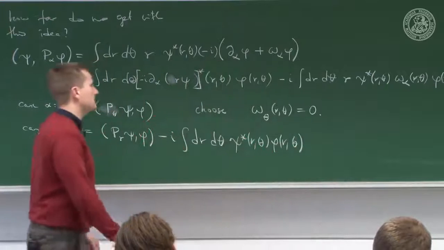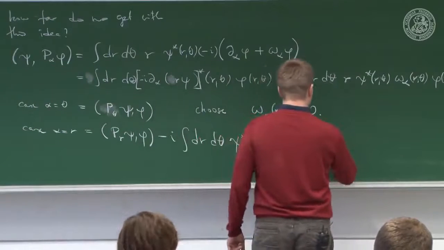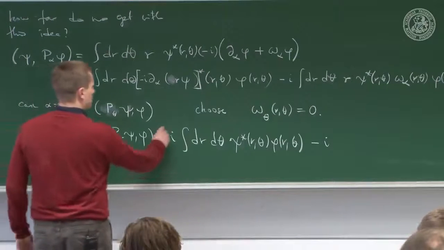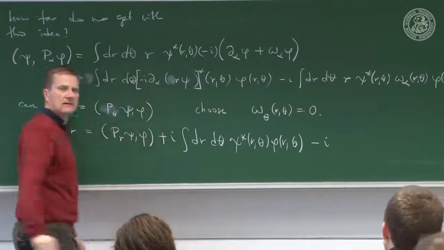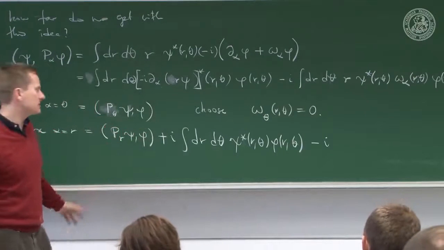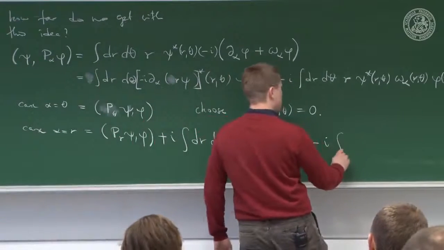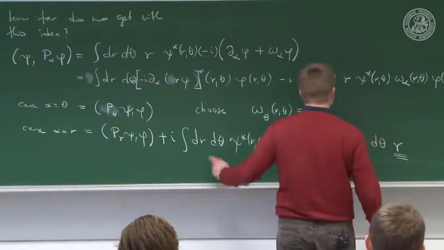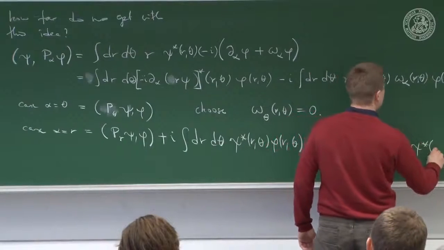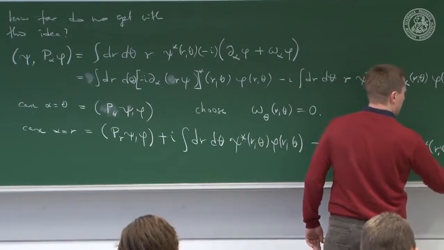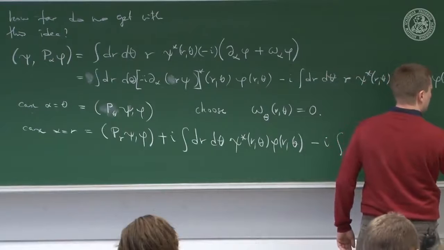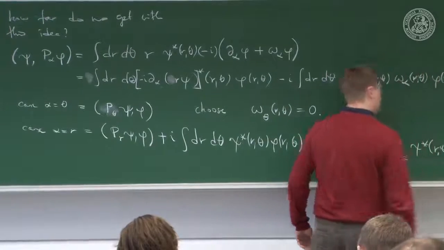We have this minus I, and then we have another minus I. Aha. And that minus I was correct? It was a plus I, because this guy here is starred. I think it must be a plus I. You're positive? Okay. And then now here we have a minus I integral dr d theta r. So there is an r, there isn't. Otherwise, it's the same psi star r theta omega sub r, because we're in the case alpha equals r, and phi of r and theta.